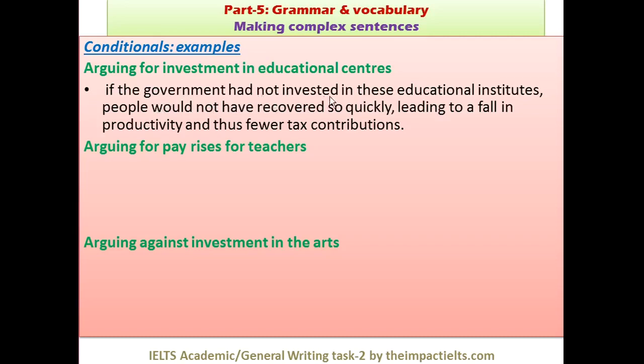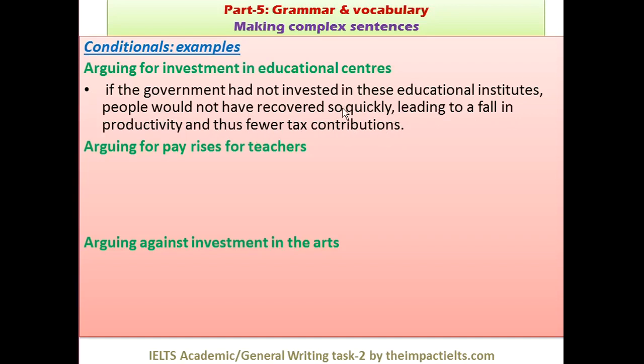If the government had not invested, it means actually the government had invested, right? So if the government had not invested in these educational institutes, people would not have recovered so quickly, right? So I'm talking about the past. So both were past conditionals. People would not have recovered so quickly, leading to a fall in productivity and thus fewer tax contributions.